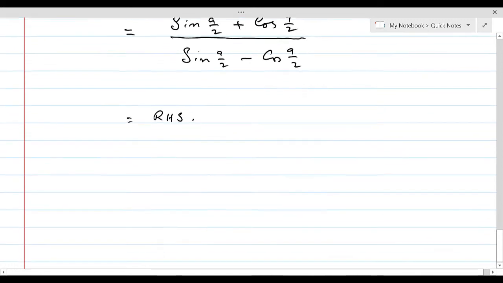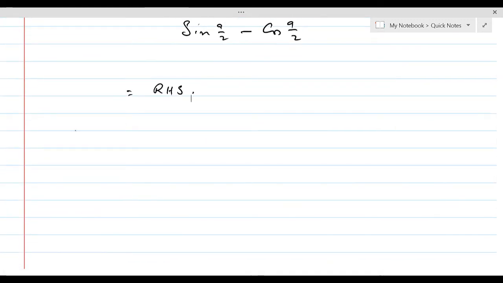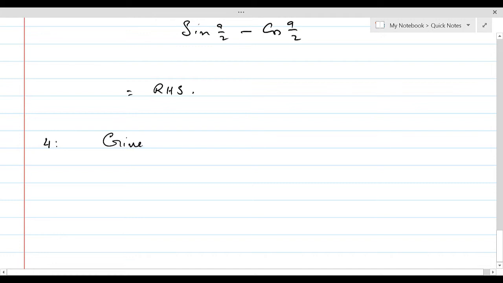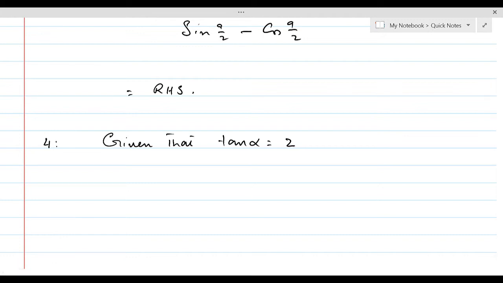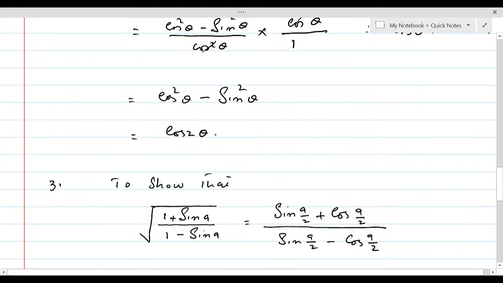And now the next one, that's probably the number 4 question. For number 4, given that tan alpha is equal to 2, and clearly tan alpha is a positive number, and also it is given in the question that alpha is not in the first quadrant.